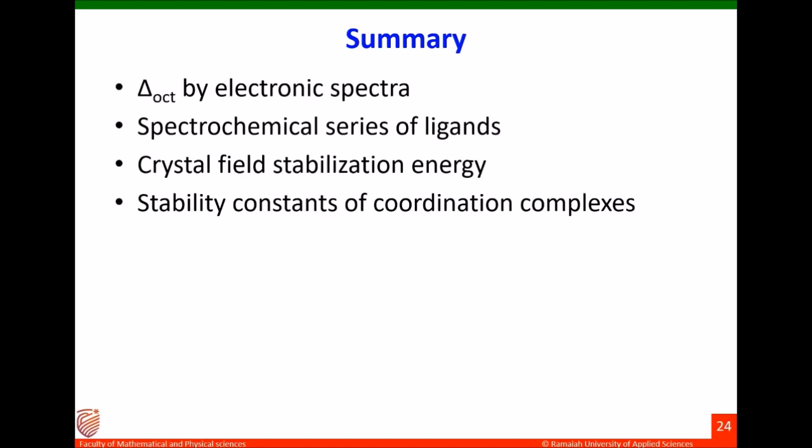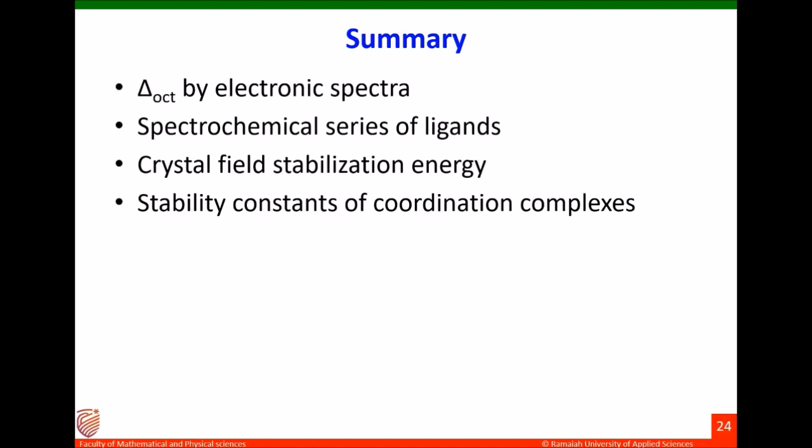We will conclude this session. In summary, we studied the weak and strong field, and how the electrons will be arranged in a strong field or in a weak field. We also studied the factors governing the magnitude of delta octahedral. Then we studied the crystal field stabilization energy, high and low spin octahedral complexes, by taking d1, d2, d3, d4, d5 and d6 configurations.